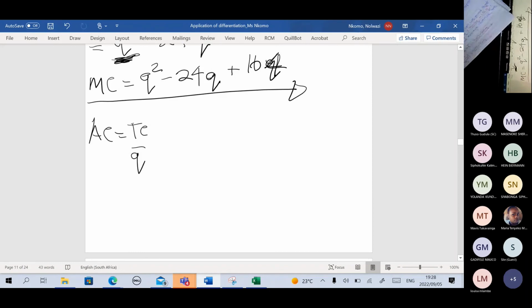We were asked to find the average cost, and we said the average cost is total cost divided by Q, right?